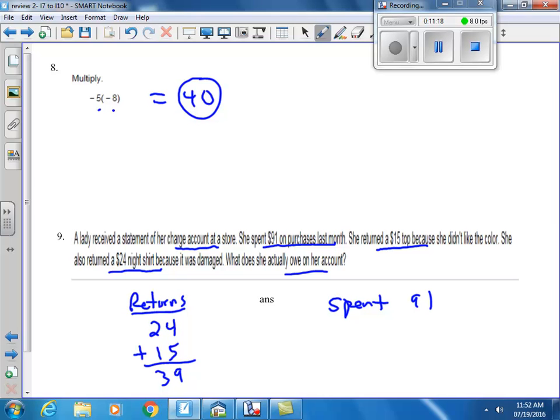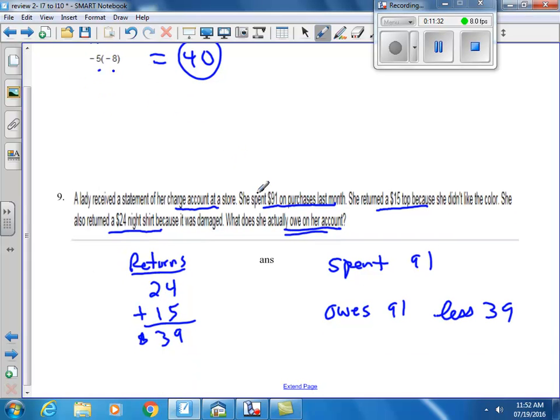So she had $39 in returns. So she doesn't really owe 91 anymore. She owes 91 less 39. Another way of saying that is 91 minus 39. Which is 52.